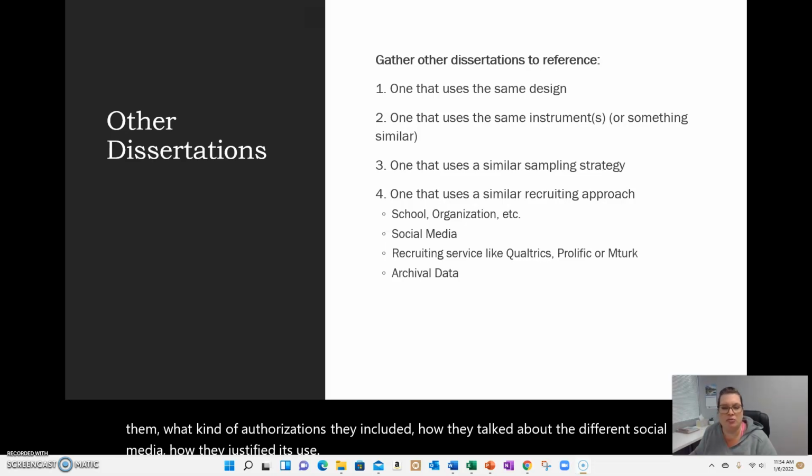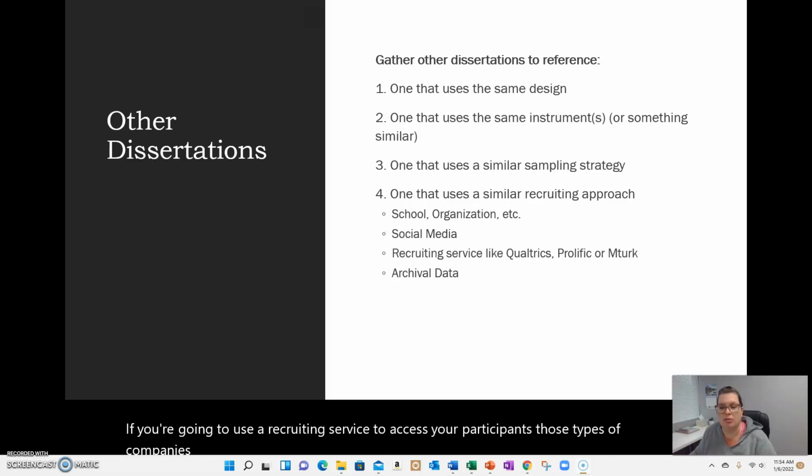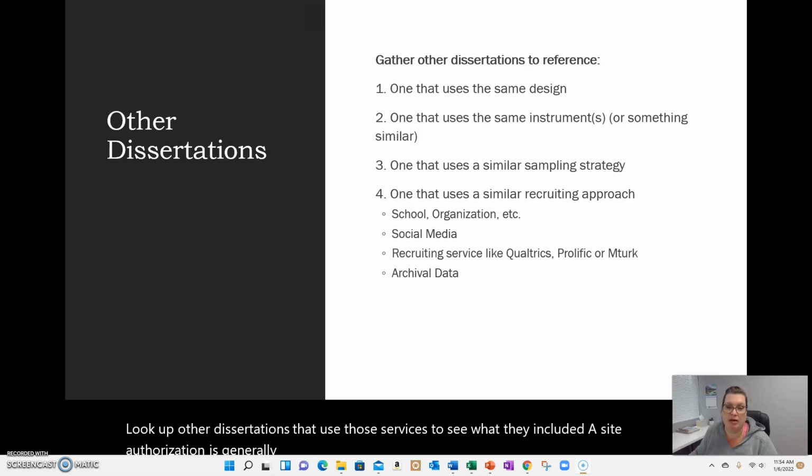If you're going to use a recruiting service to access your participants, those types of companies like Qualtrics, Prolific, MTurk, and I realize that SurveyMonkey or Momentive is not on here, but they also do that. Look up other dissertations that use those services to see what they included. Site authorization is generally not necessary, but there are other things that you will need to include, like privacy statements and other information.